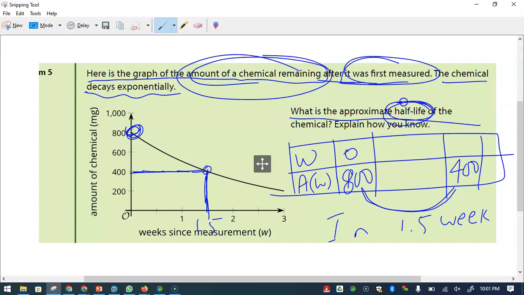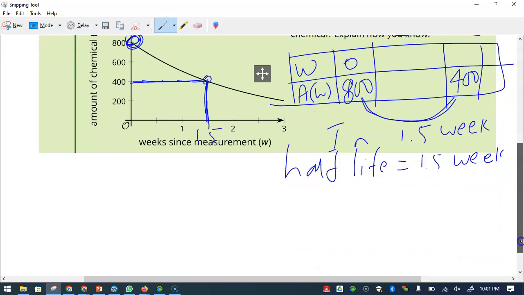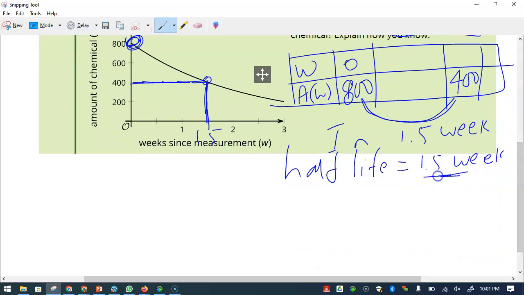So that's the half-life. Half-life is 1.5 weeks. So every 1.5 weeks is what you get. And if you want to write it for every 1 week, there are 3 halves.